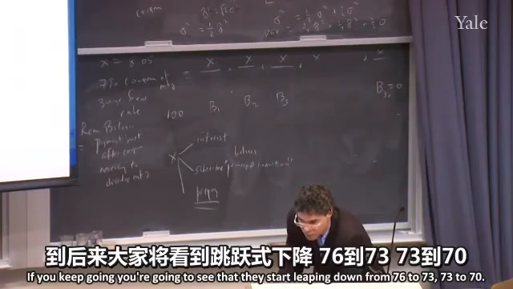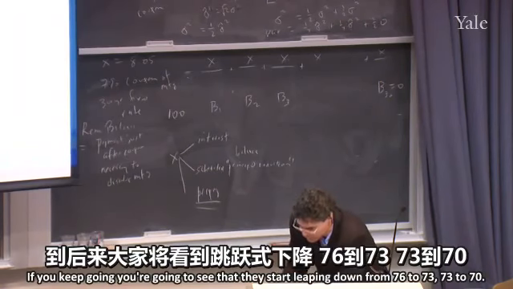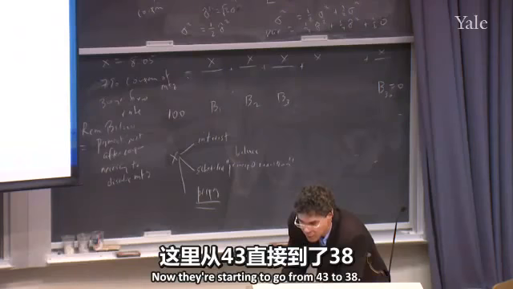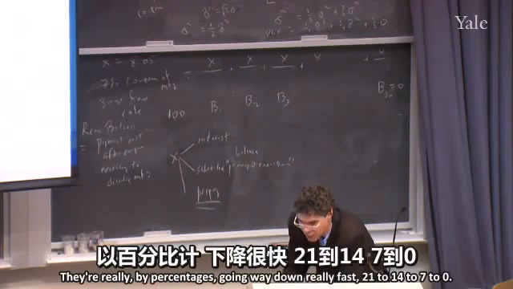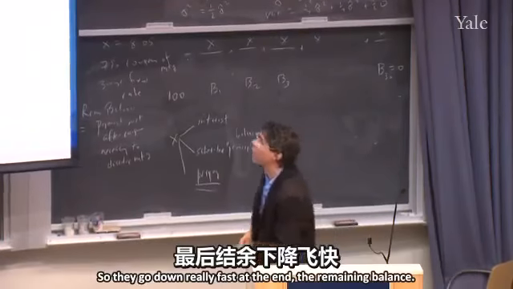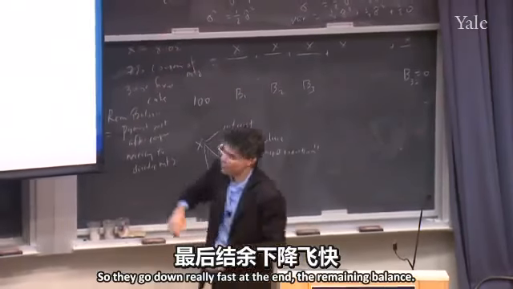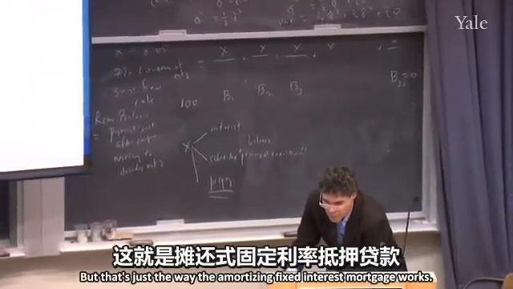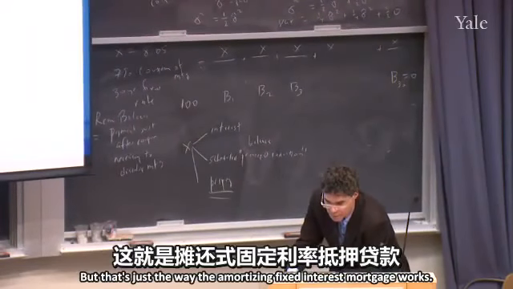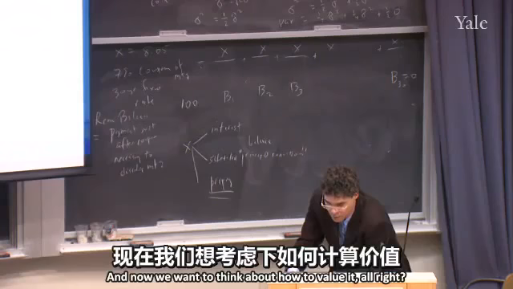If you keep going, you're going to see that they start leaping down from 76 to 73, 73 to 70. Now they're starting to go from 43 to 38. They're really, by percentages, going way down really fast. You know, 21 to 14 to 7 to 0. Okay, so they go down really fast at the end, the remaining balance. Okay, but that's just the way the amortizing fixed interest mortgage works. Okay, and now we want to think about how to value it.